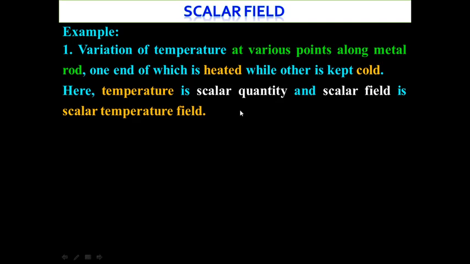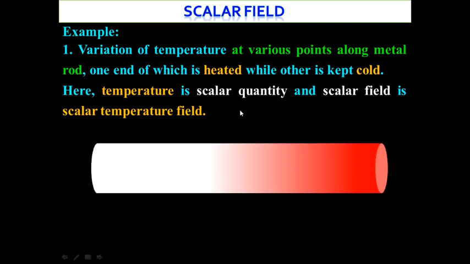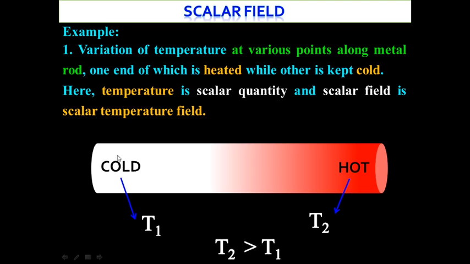So we will understand this by one animation. Suppose this is a cylindrical rod, this red end is hot end. Suppose it is heated from this end, so this red end is hot end and other end is cold end. Suppose the temperature of cold end is T1 and temperature of hot end is T2. It means that T2 is greater than T1. But temperature is distributed from hot end to cold end.